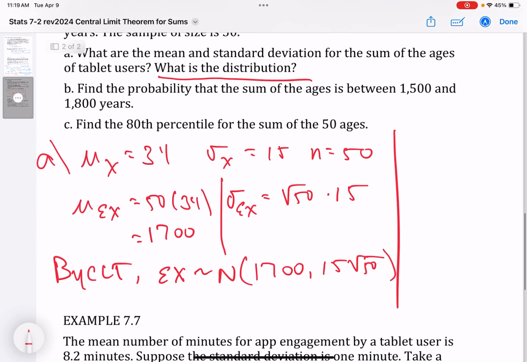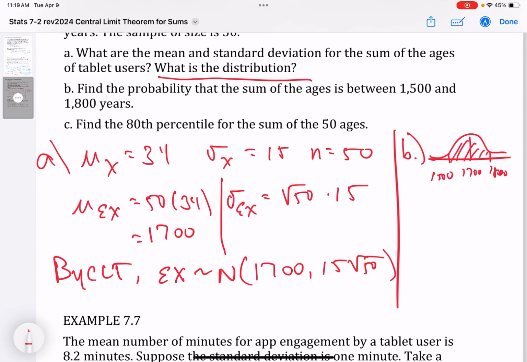Let's take a look at letter B. We find the probability the sum of the ages is between 1,500 and 1,800. Okay, so let's see here. We've got 1,700 as our center. We want to be between 1,500 and 1,800.